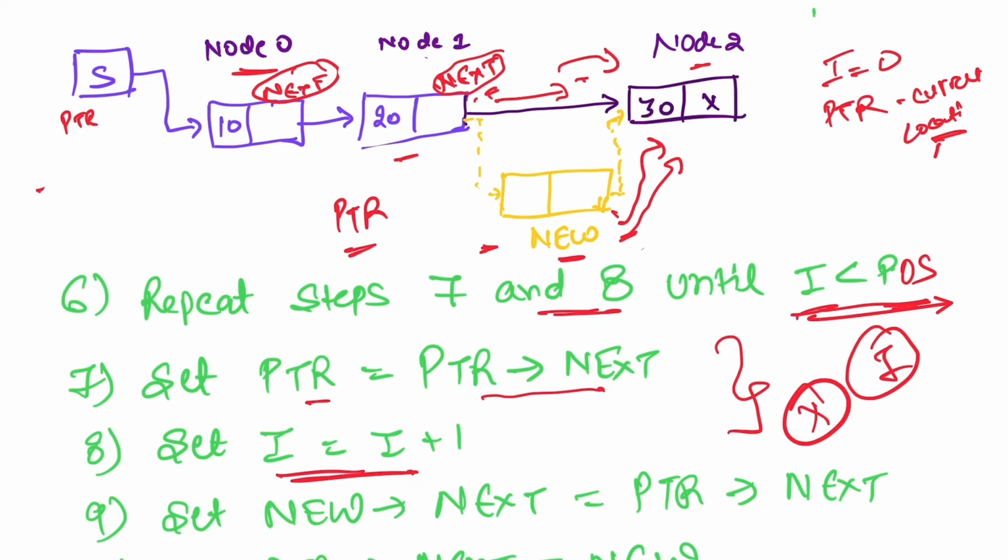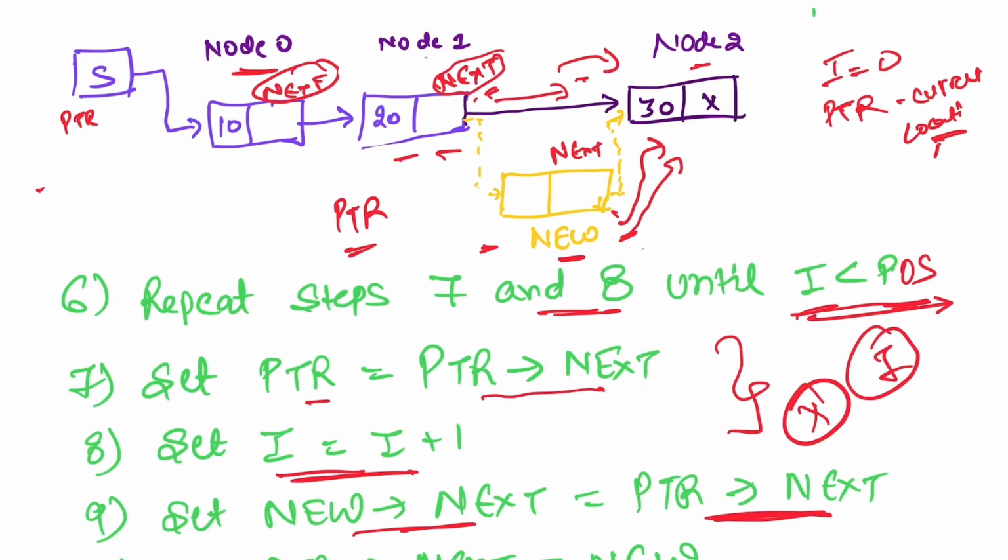So what we will do is we will set new next equal to the next of pointer. I hope you understand how we are establishing the link.